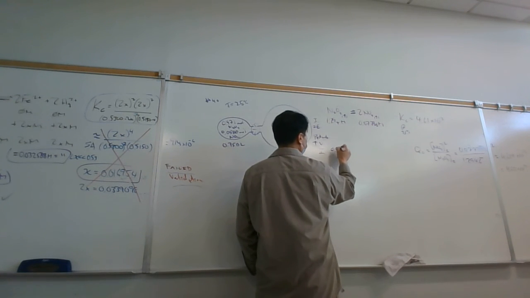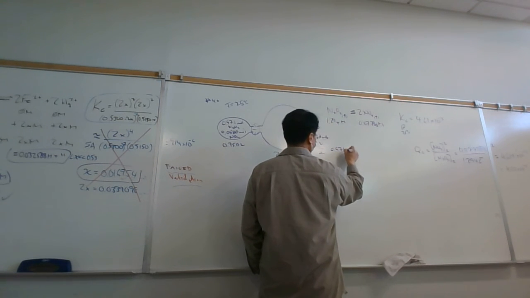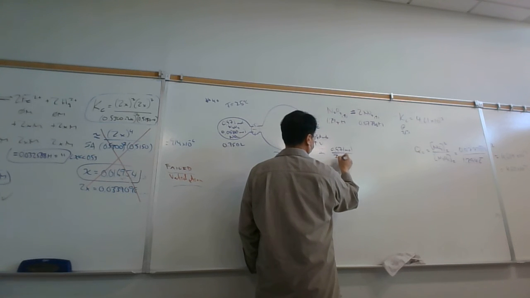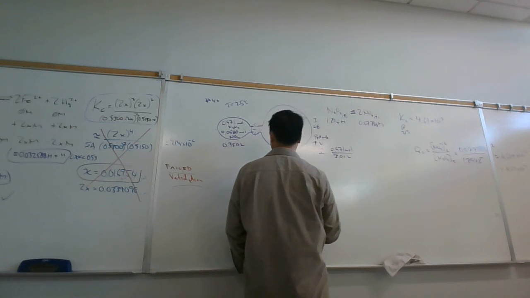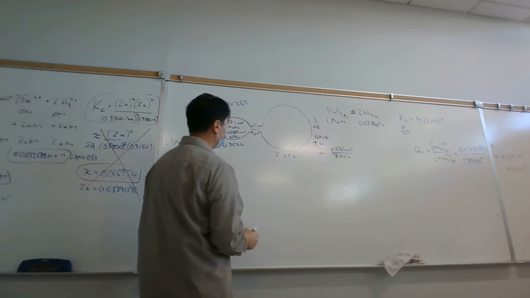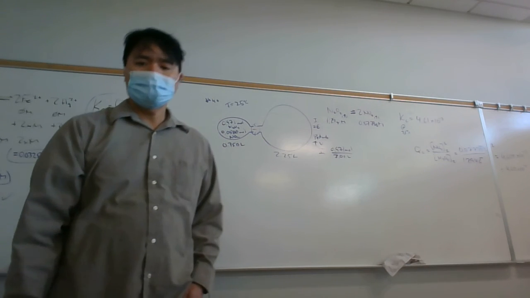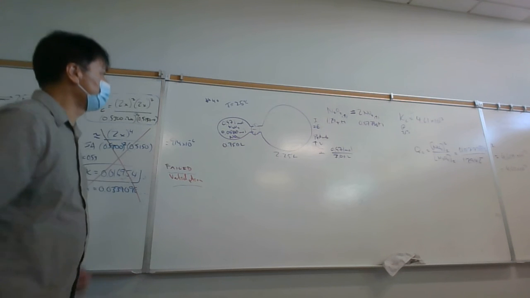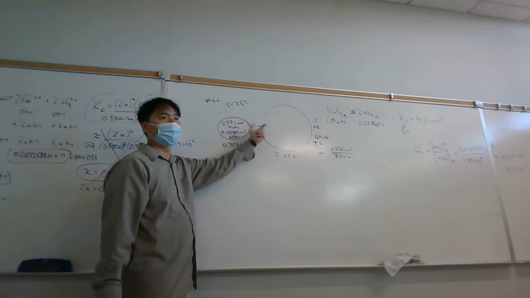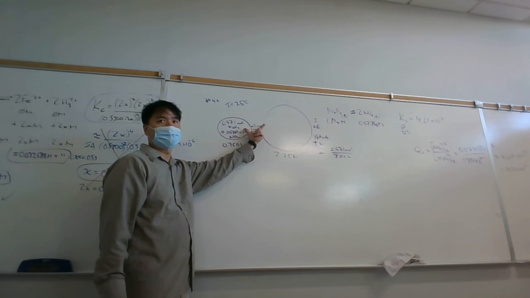So this is 0.971 moles per 3.00 liters, because once I open this valve, it can occupy both flasks.